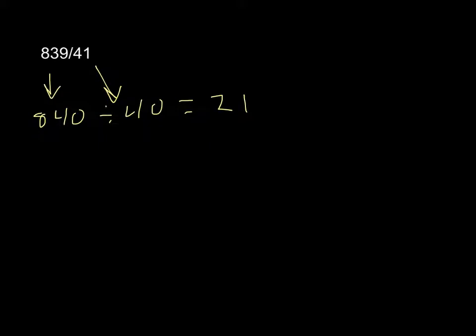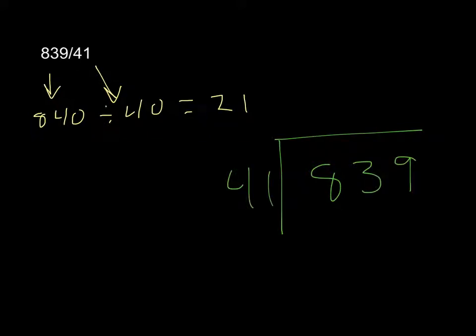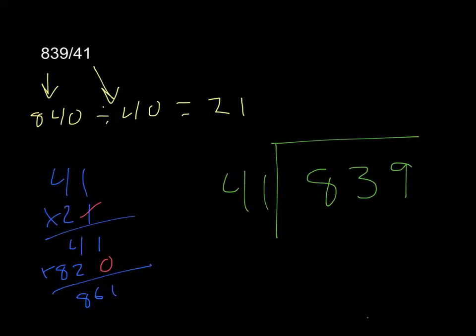So I'm going to start with 21, and that's going to be my estimate. So to solve that, we're going to go in 839 divided by 41. And 41 times 21 results in 861, which is too high for what I'm trying to do.